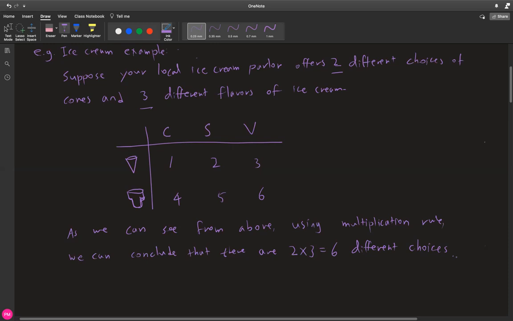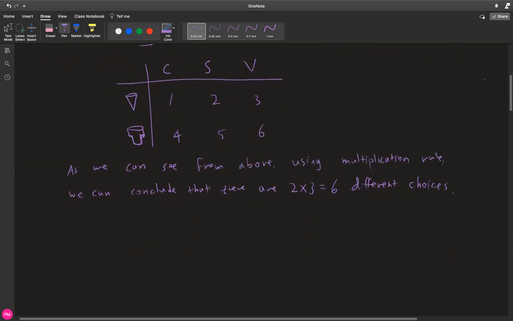Now let's look at the same example, the same type of deal, but let's change up some numbers. In this case, we only had 3 choices of flavors and 2 different choices of cones. So it wasn't hard to just draw a picture like this and see how many there are. We just counted how many there can be. But what if the numbers are a little bigger?